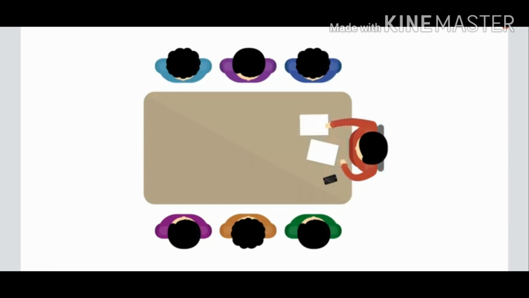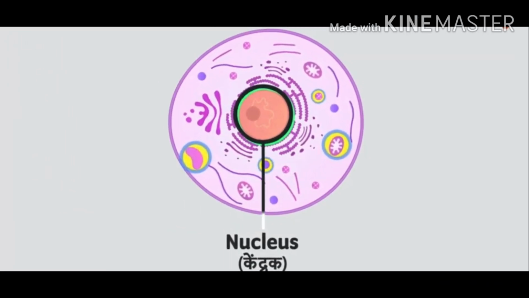Right now I told you, students, that the nucleus is called the brain of the cell, the control center of the cell. Suppose a team leader gives instructions to the members, that means what work they have to perform. In the same manner the nucleus also works, and it controls the various activities inside the cell like growth and metabolism.